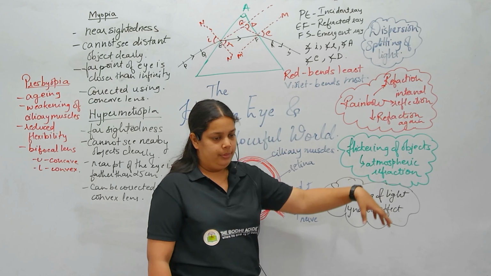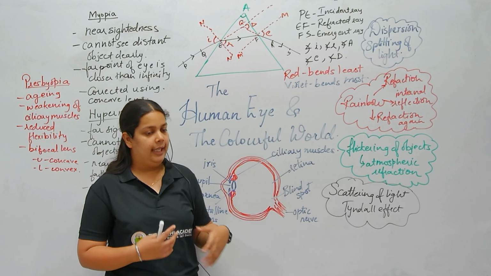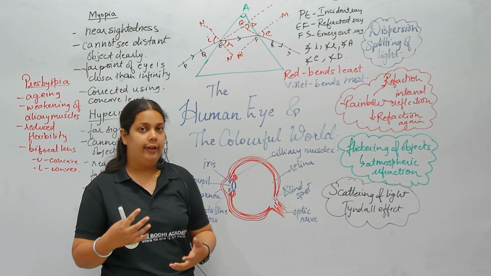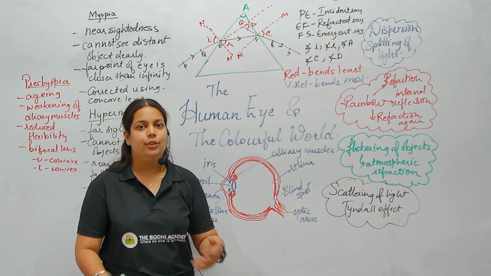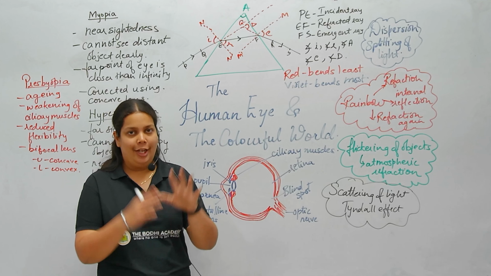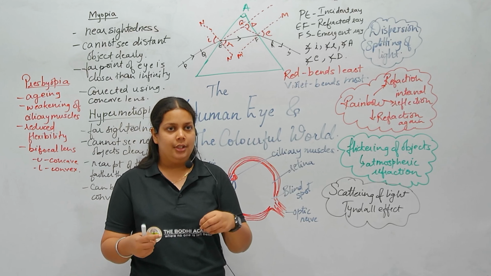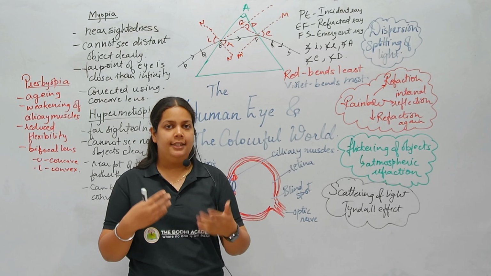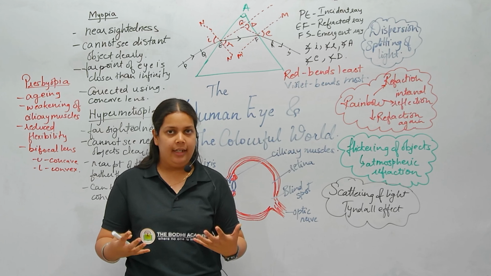The next thing is the flickering of objects that are seen through the turbulence of hot air, for example in the case of a fire. In movies also we see this effect. In the case of a fire, a flickering or wavering effect is seen.